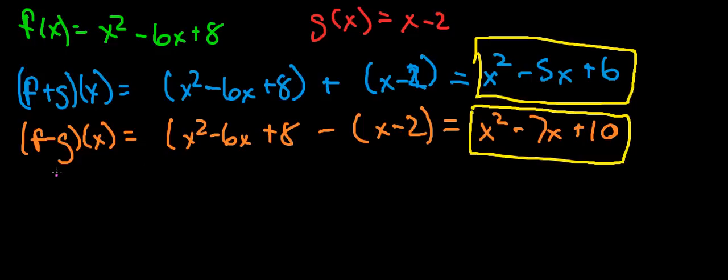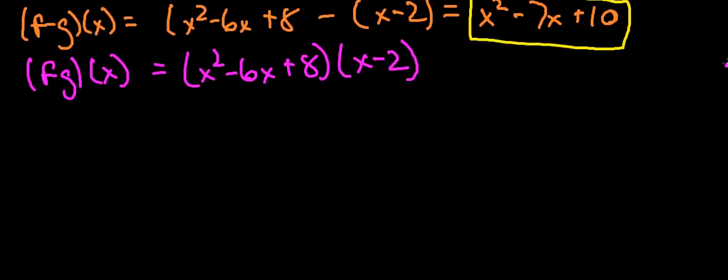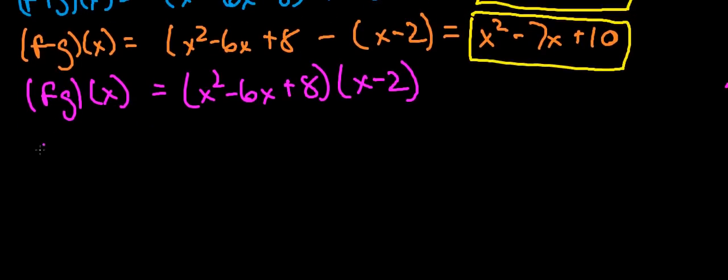Next we'll do multiplication. We have f times g of x. This is going to be equal to our f of x times our g of x. So now for this we just have to FOIL this out and then add our terms together.